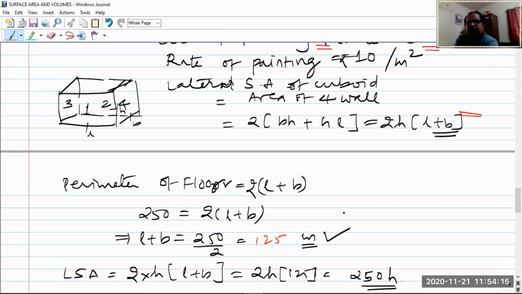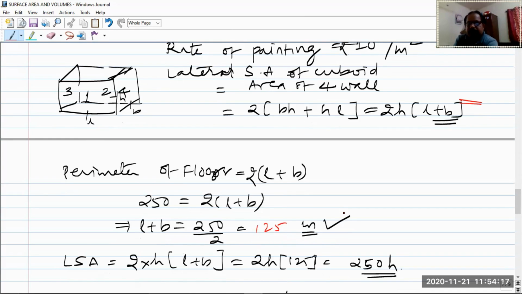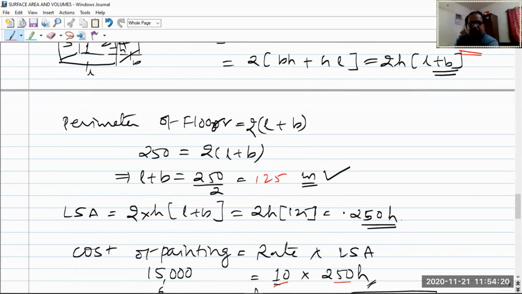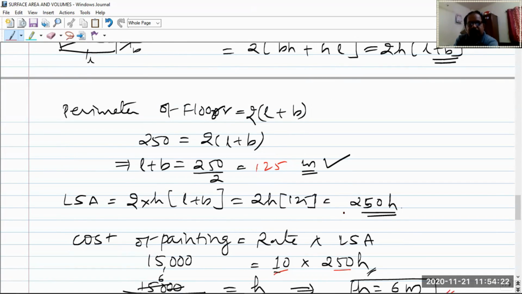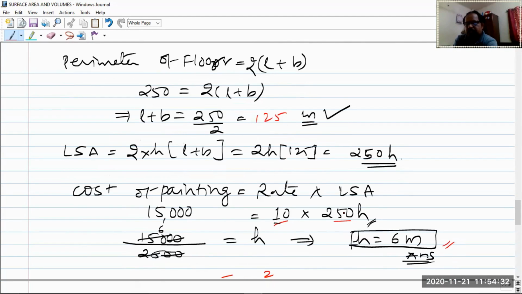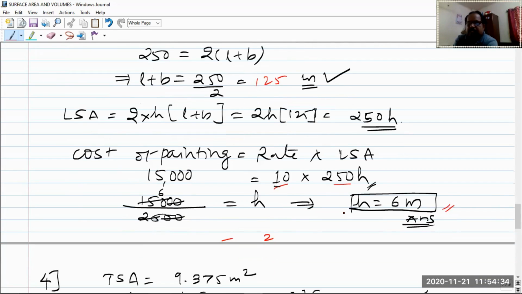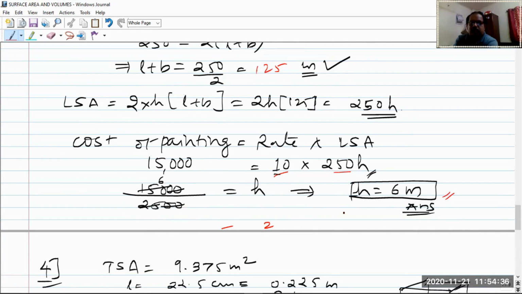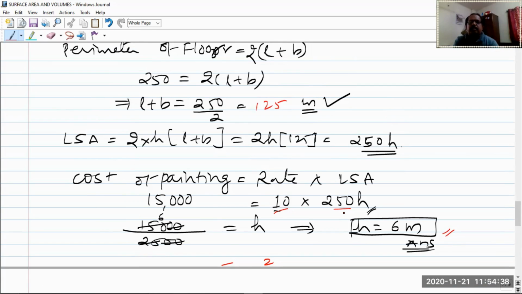The LSA will come in terms of H, that is 250H. And then we calculated the height with the help of the formula for the cost of painting, which is nothing but the rate of painting into the lateral surface area, right? So simplifying it, it will give us the height of the hall equal to 6 meters. So now let's move ahead with one more example and then we'll stop here.